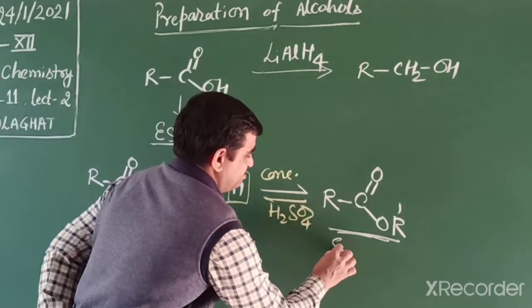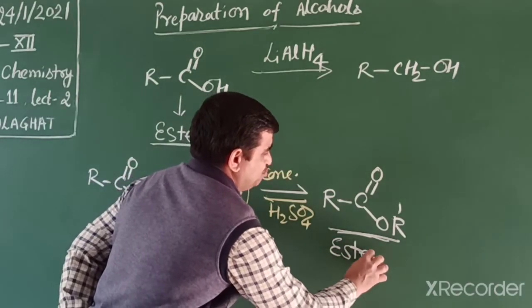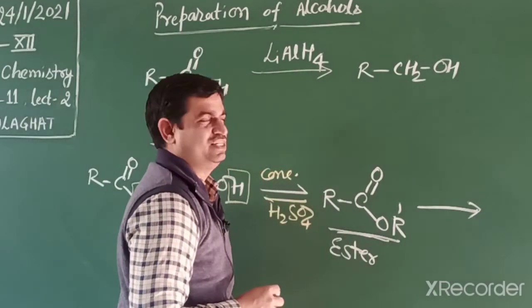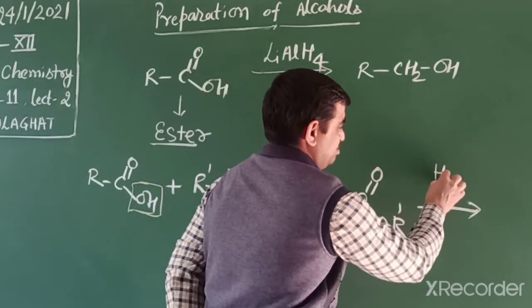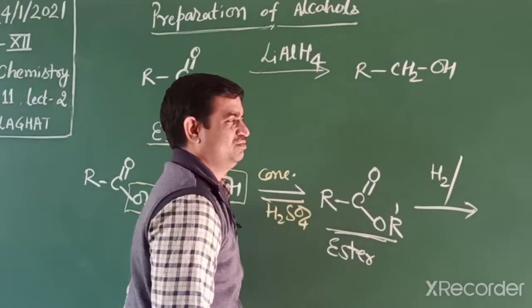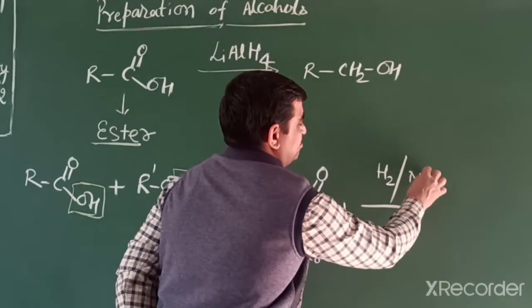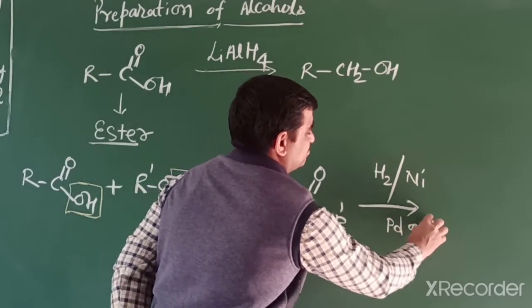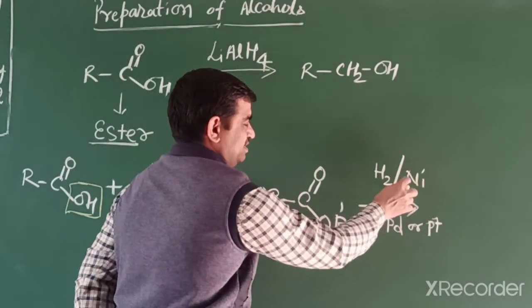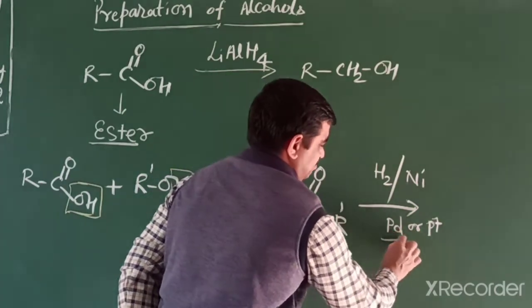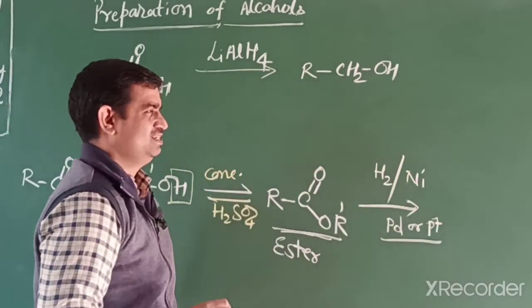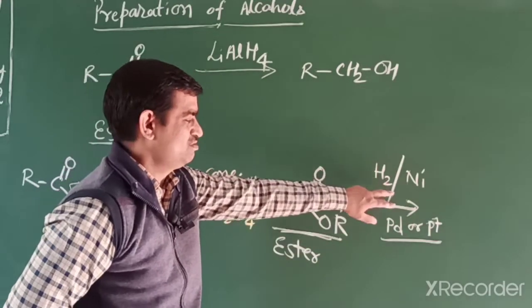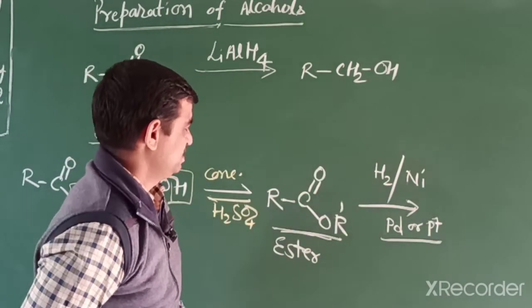This ester is further reduced using a suitable reagent. What type of reagent? We can now use hydrogen in presence of either nickel, palladium or platinum, because these are very suitable catalytic reagents situated in the d block, group number 10.